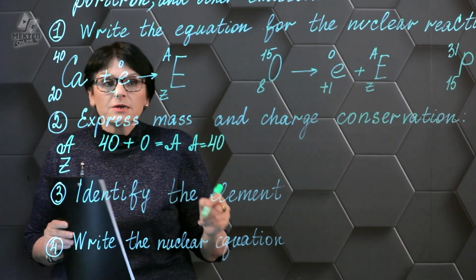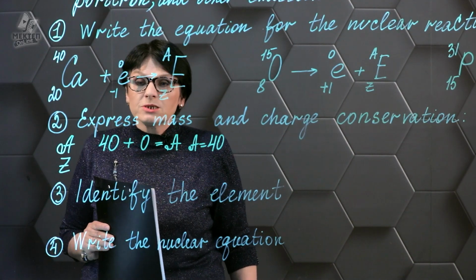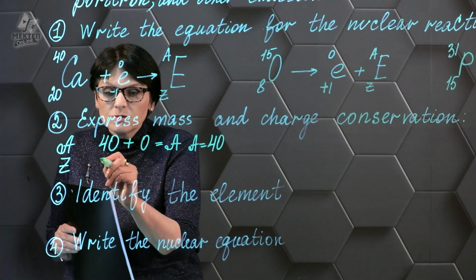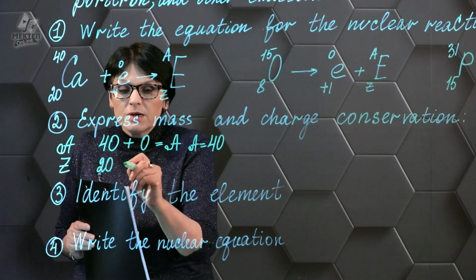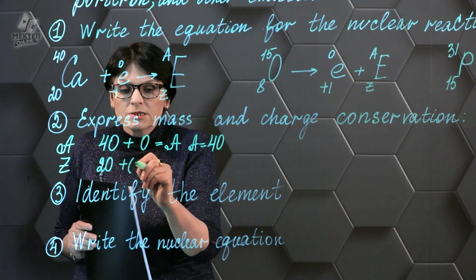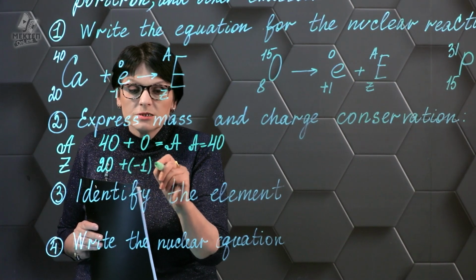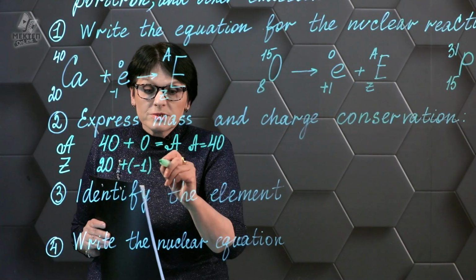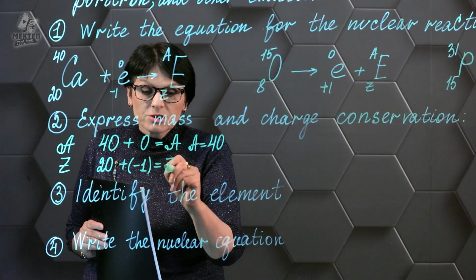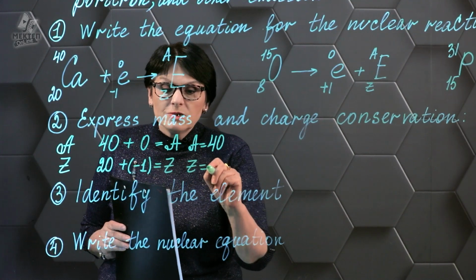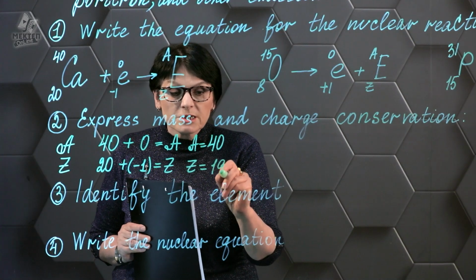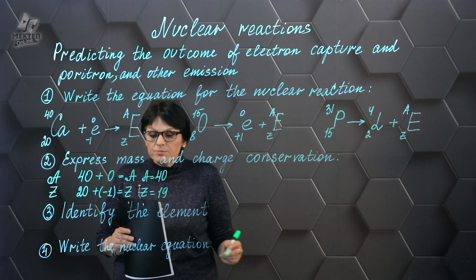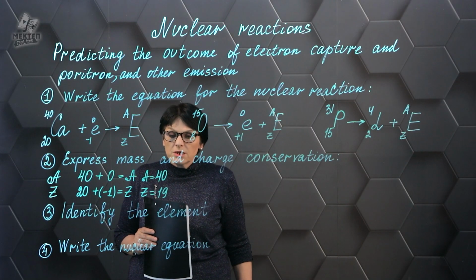Now the next thing we have to do is to determine what we're going to have. We have a charge that is the letter Z, then we'll see that we have 20 on the left-hand side. And then the electron has a charge of -1. And then by the rules of math, which is our Z, we can establish that our Z will be 19 in this case. Now we have to determine what chemical element this is.